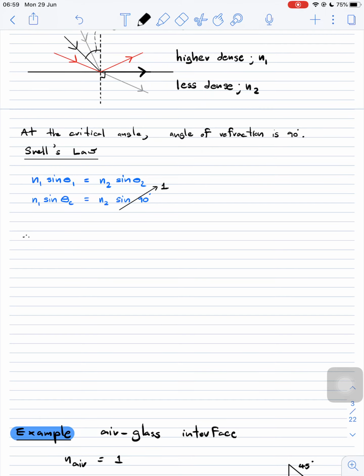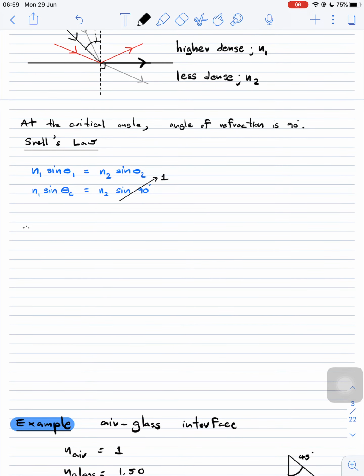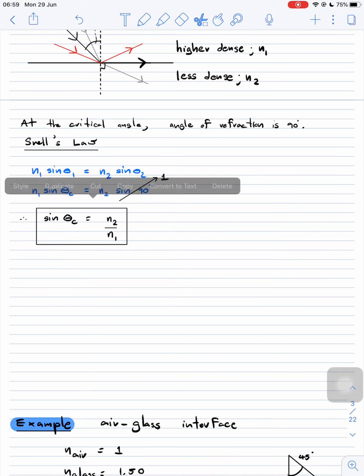So finally we get that sine theta c equals n2 over n1. This is the equation we can use to solve for the critical angle theta c.